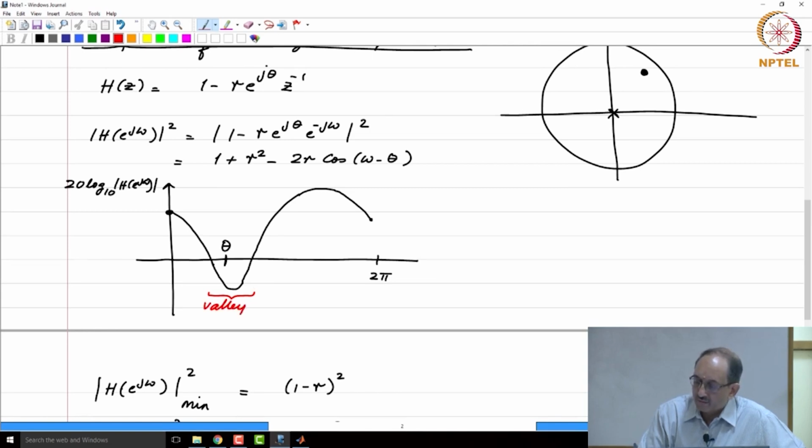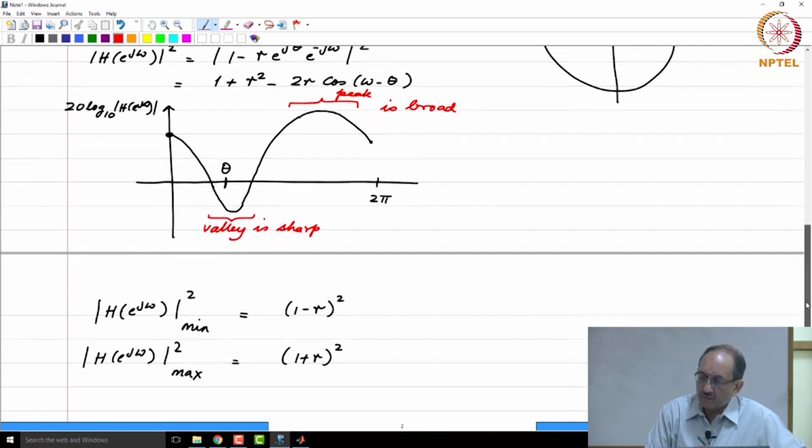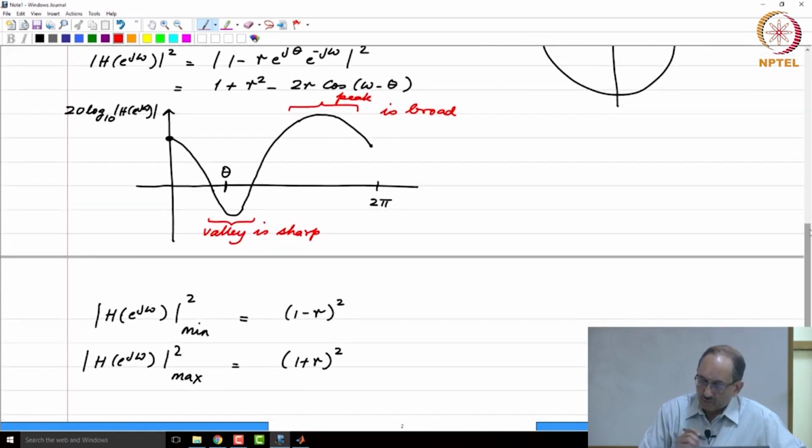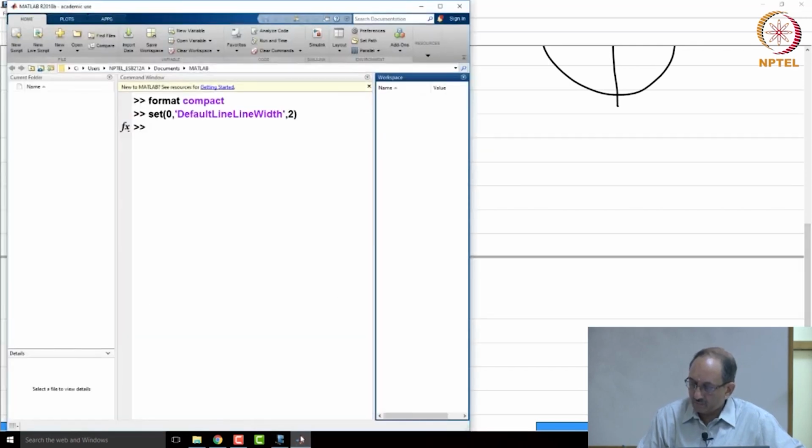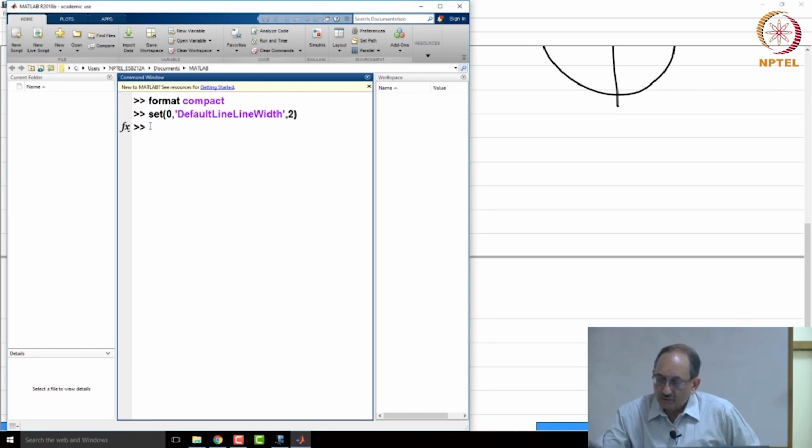Therefore, this valley is sharp, and this is the peak, and the peak is broad. So, we make the general statement that zeros close to the unit circle give rise to sharp valleys. And you can easily see this in MATLAB.